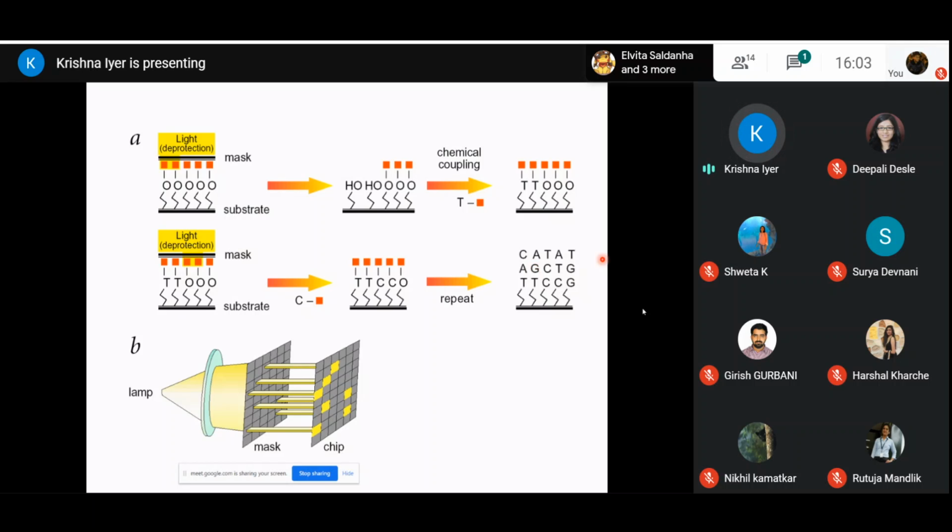So this is what is shown here. So I prepare these different what are called as masks, where there are holes at different places, and when I shine light, it will go right through this region only. Okay. So basically what is done is that you know what is the length and breadth of your glass slide or your membrane or your plastic support. You also know at what location you want which sequences.